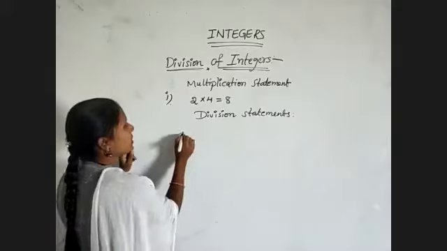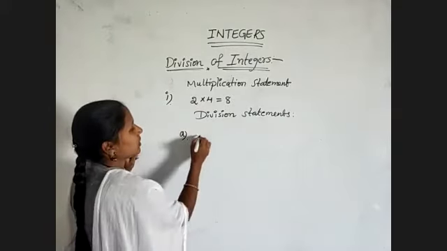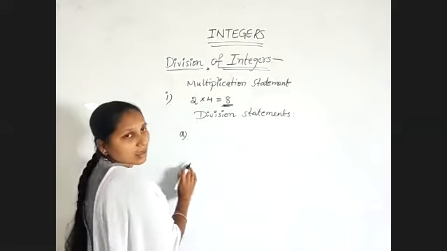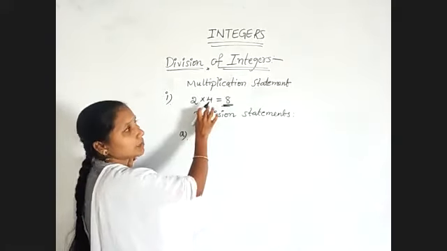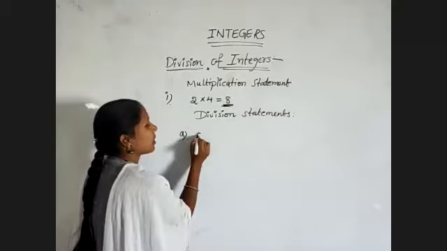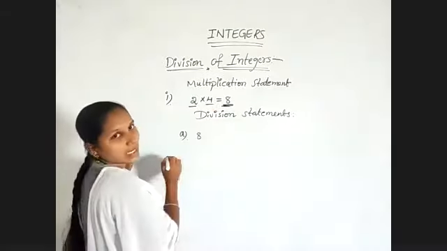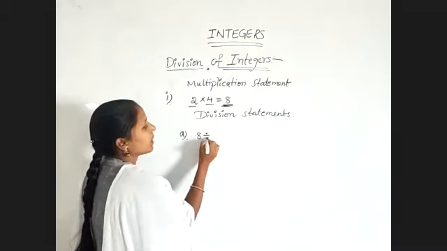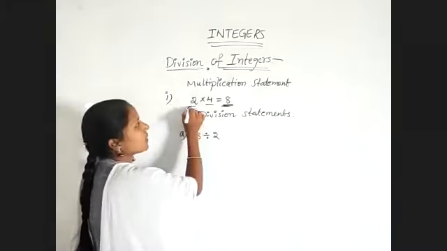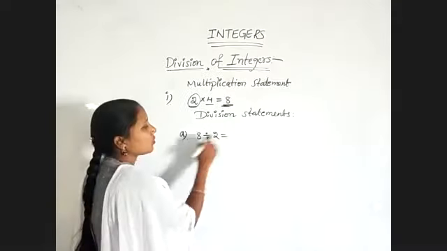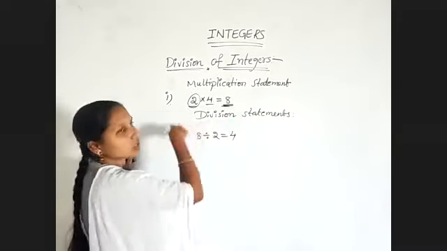For the first statement, take the product we got in the multiplication statement, 8, and divide by one of the multipliers. First I am taking 8 divided by 2 is 4. These numbers are only repeating.